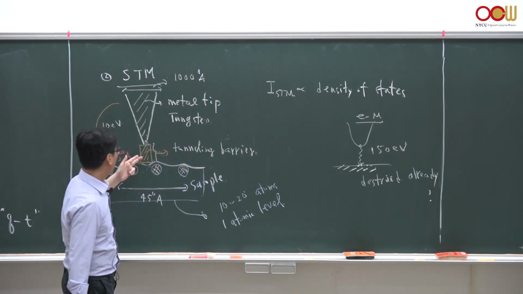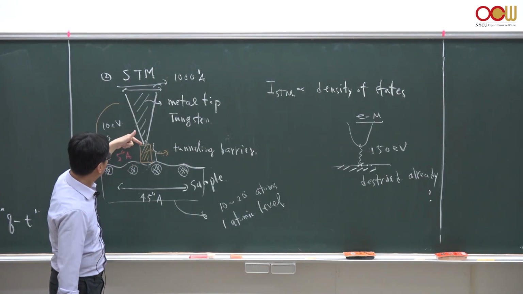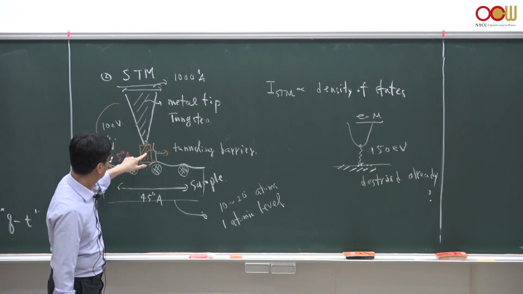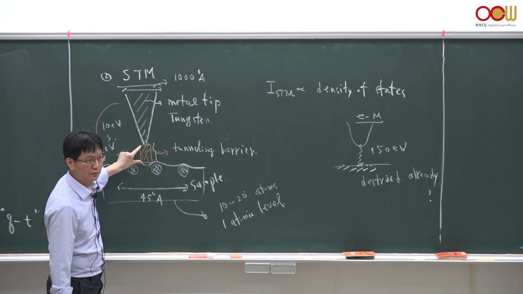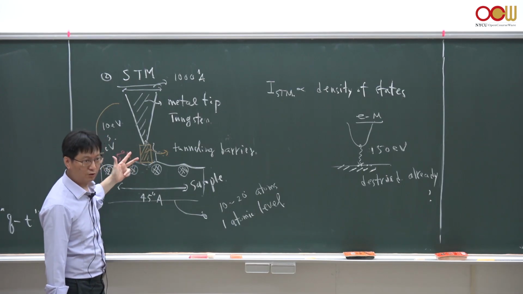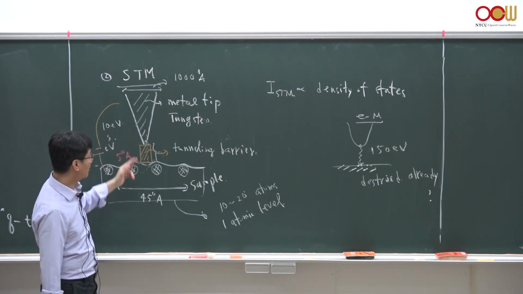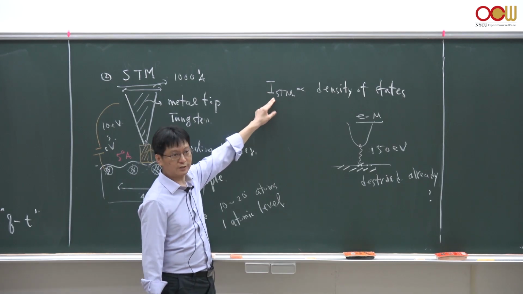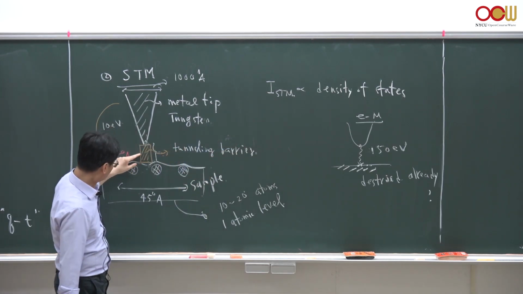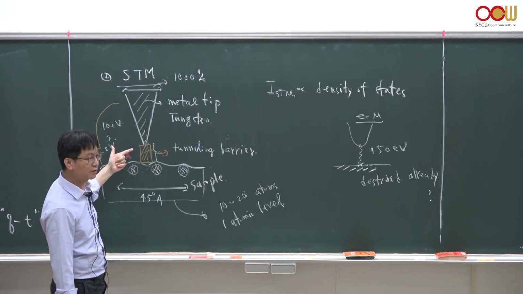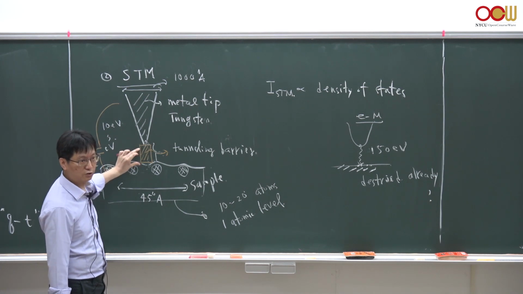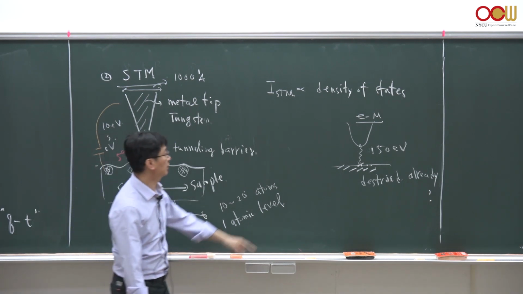So now you can ask the same question, well, if the electron ever lives in the air inside the barrier, of course, that's how you measure this STM signal. But if electrons are absent or suddenly disappear in the air, how come you can have any signal in the STM?